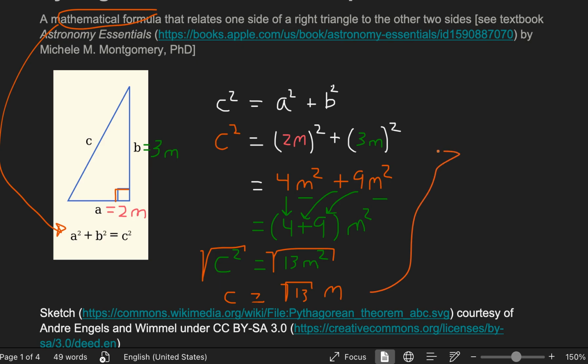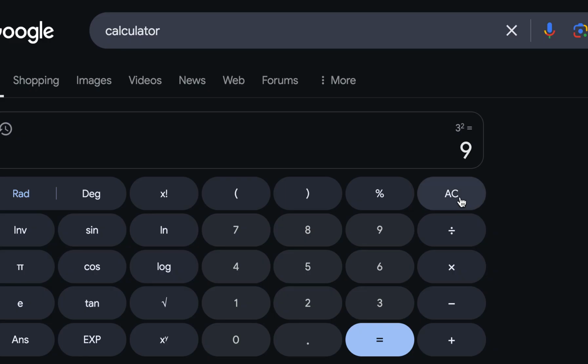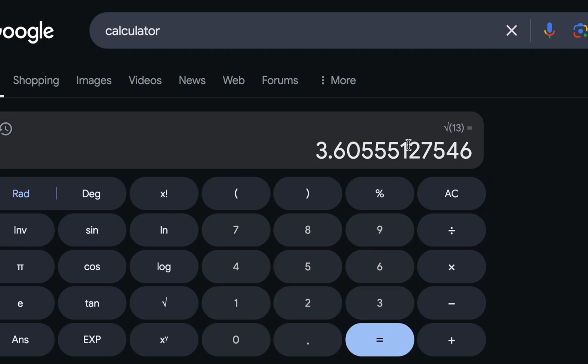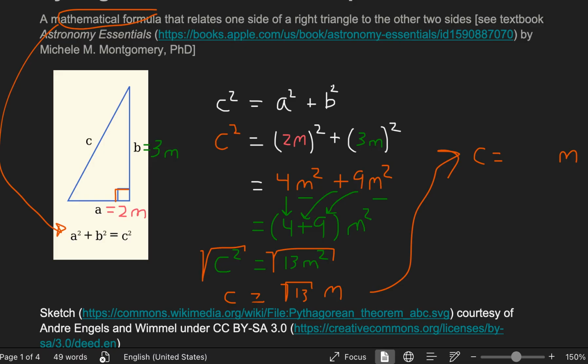So I'm going to move my answer up here. I have c equals, well, what's the square root of 13? Well, we go back to our Google calculator, we hit the square root symbol, and then we type in 13 and hit equals, and we get 3.6 with a bunch of numbers. Let's go take a look. We have 13, which is 2 numbers.